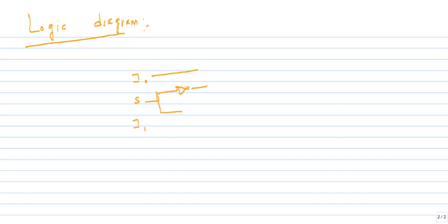It is connected like this to a NOT gate, and these two are connected to one AND gate. And this I1 is connected to this AND gate. These two are connected to one OR gate. This is the F value. So this is the logic diagram.